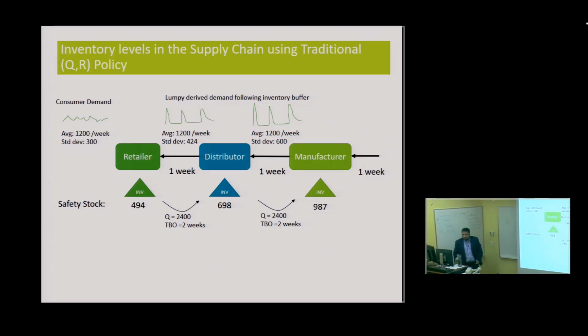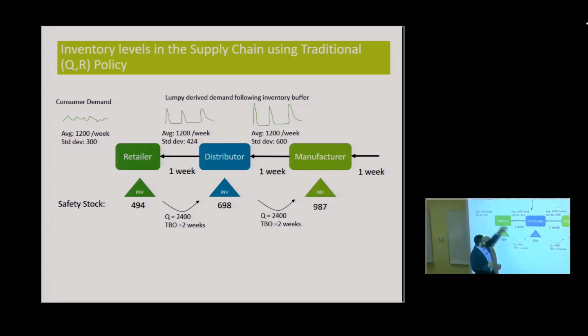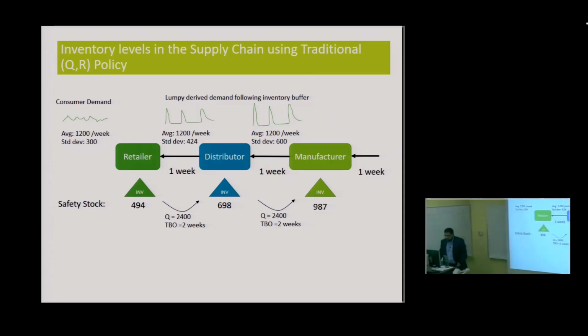The reason is that each one just looks at the demand they see, and they don't consider the whole supply chain in their calculation. Also, this guy may not see the end demand, and that guy may not see the end user demand. So they only see the demand to themselves.